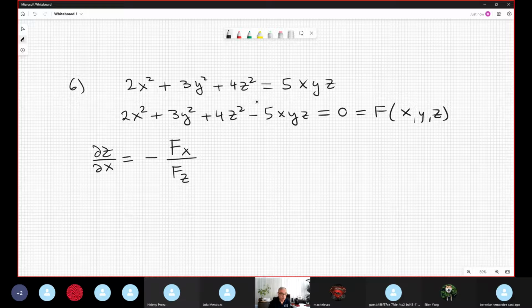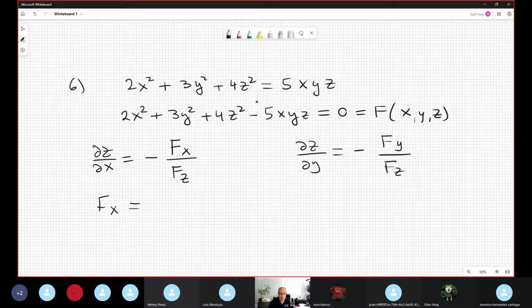Likewise, partial z with respect to y is equal to minus F with respect to y divided by F with respect to z. So we basically need to compute three partial derivatives: Fx, Fy, and Fz.